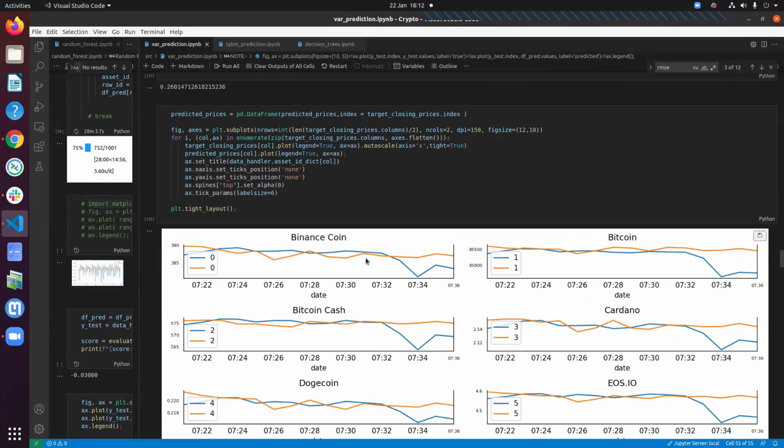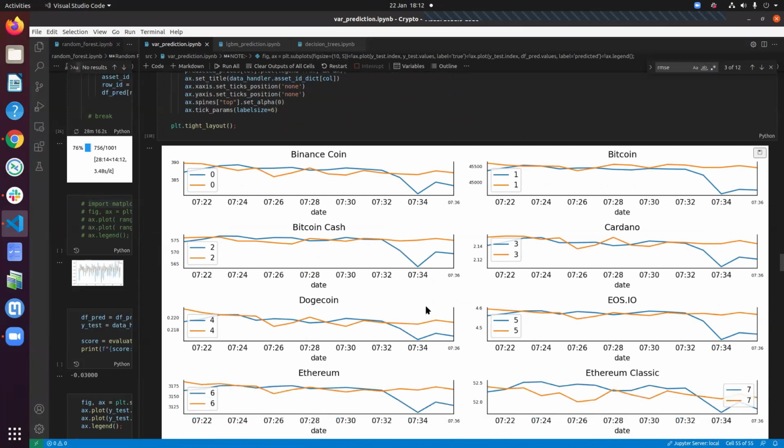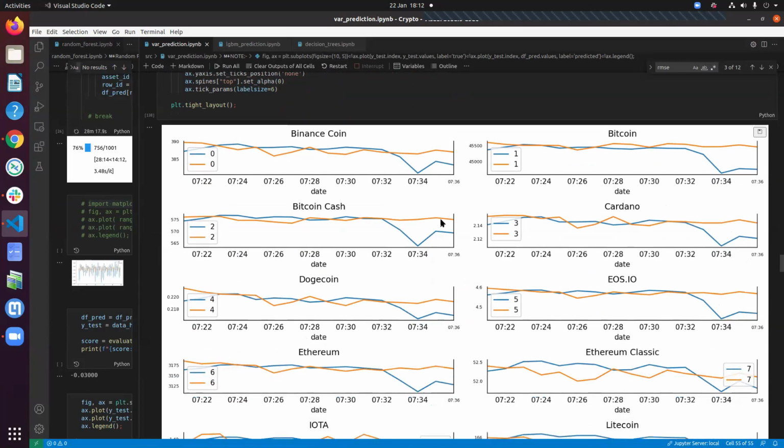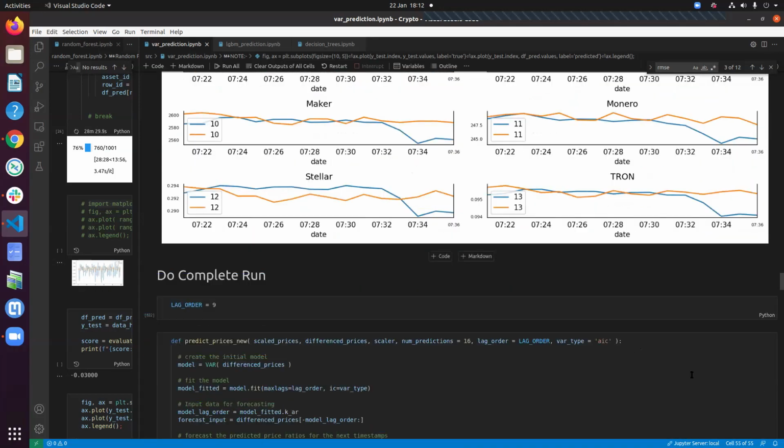Because the price ratios lag by 16 time steps, the end of the training data is missing 16. So these are my graphs for the 16 predictions. I thought these were reasonably good: yellow's my prediction and blue's the actual one for each of the coins. It follows along not too bad.